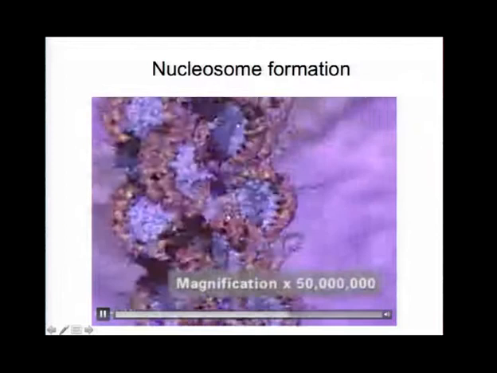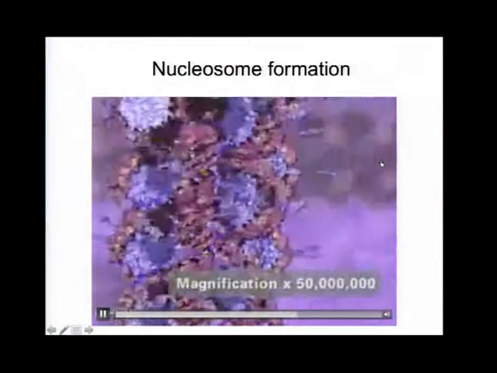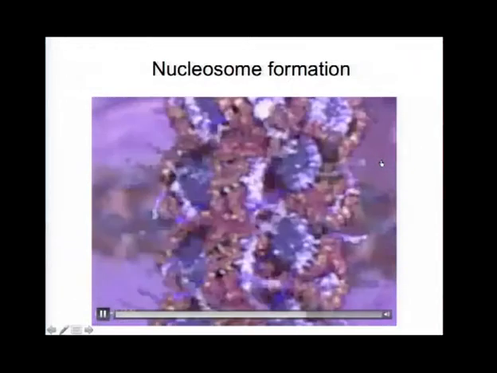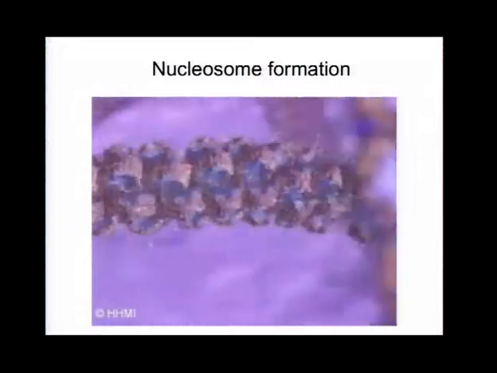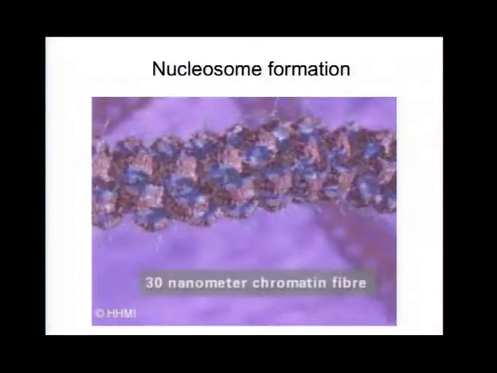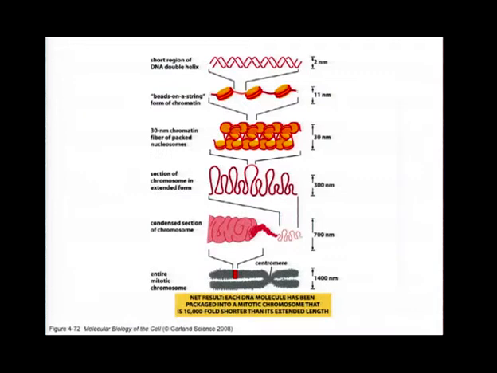And it can then wrap and compact itself and form a thicker strand. So we've gone from the DNA helix around these nucleosomes and compacted it into this unit that you see on the 3rd row down.